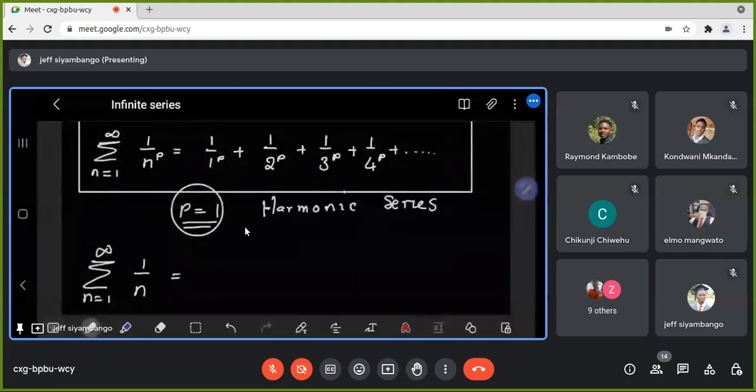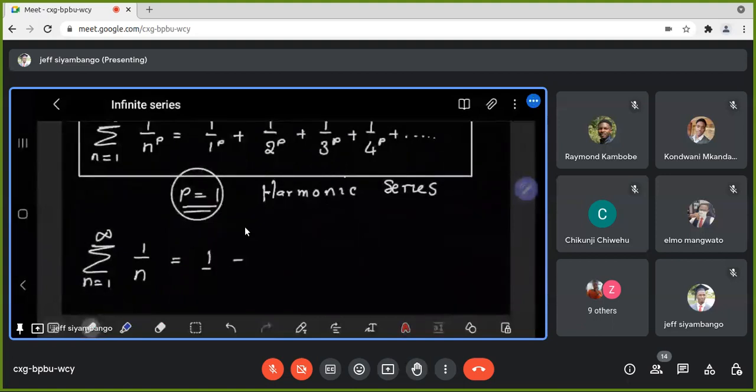This would be 1 over 1, plus 1 over 2 to the power 1, which is still just 2, then plus 1 over 3 to the power 1, which is still just 3, plus 1 over 4, plus 1 over 5. It keeps going up until 1 over n. In this case, you're seeing that the value of P is just 1.